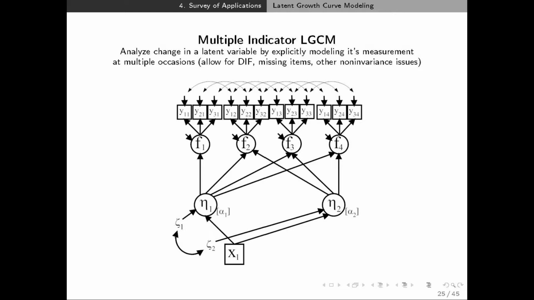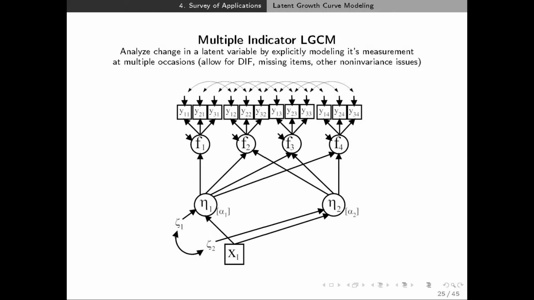Yeah, but that example brings up what you might want to include in that factor. If you think vocabulary is a hold test, that's probably not a good indicator to include in a model where you're trying to study change over time.